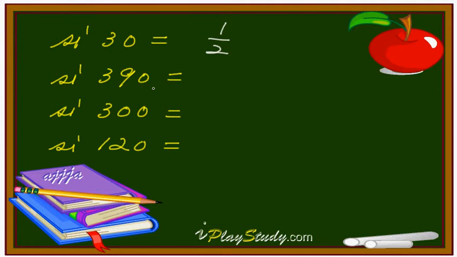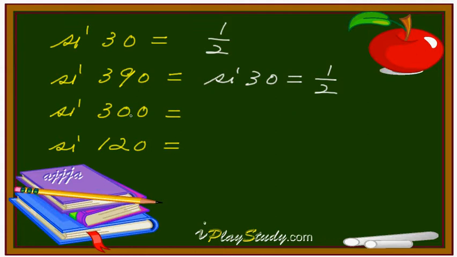Okay, let's throw that one away. 390 minus 360 is 30. That's why this one is also sine 30, exactly the same, which is a half. Very simple.